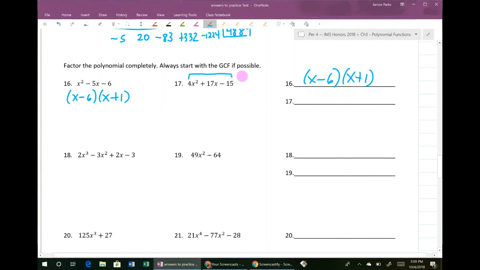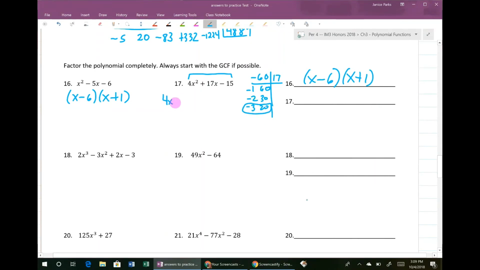For the next one, we have negative 60 to give us 17. That's negative 12 times negative 5. Positive. Oh no, we can't use that because the 60 is negative. Let me start over. 1 times 60, 2 times 30, 3 times 20. That'll work.